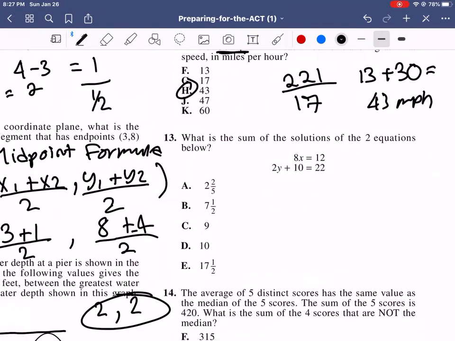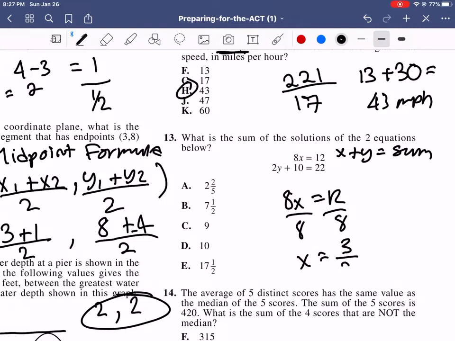What is the sum of the solutions of the 2 equations below? So what you're doing is you're just adding what x equals and y equals to get the sum. 8x equals 12, divide by 8. X equals, you simplify it, 3 over 2.